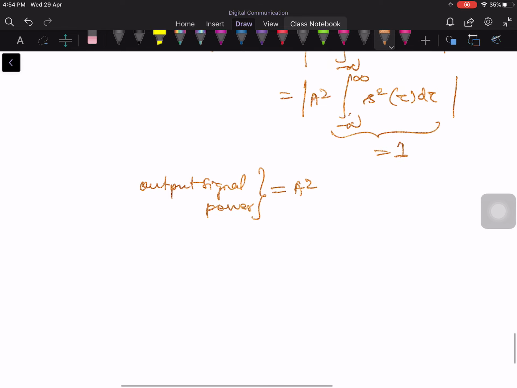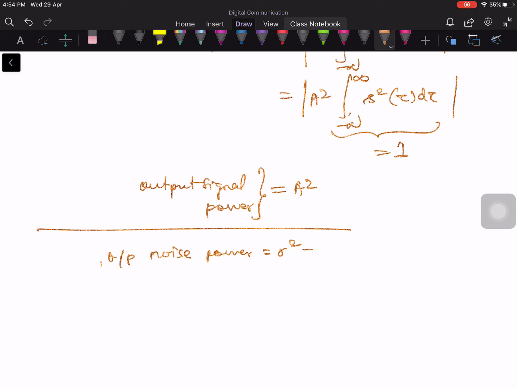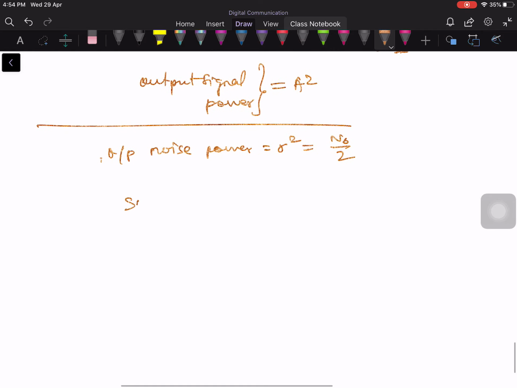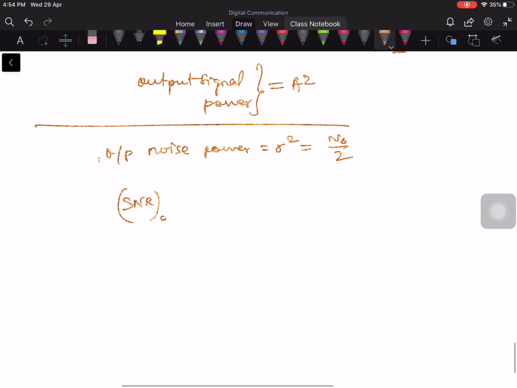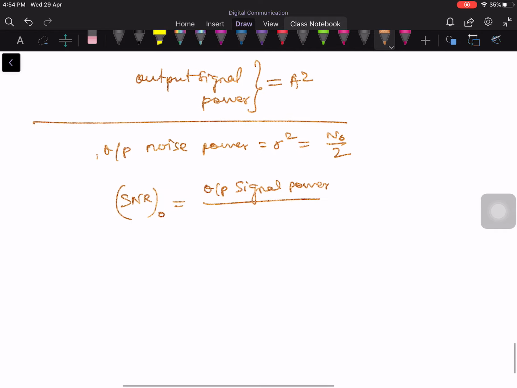Okay, and what about the noise power? The output noise power is given by sigma square, which is N0 by 2 if you assume white Gaussian noise. So the output signal to noise ratio is the output signal power divided by the output noise power. Output signal power equals A square and output noise power equals N0 by 2.